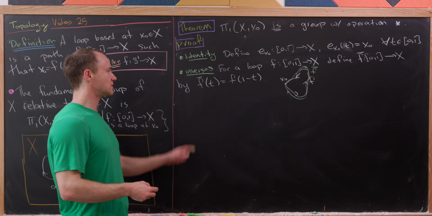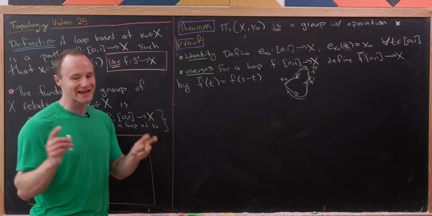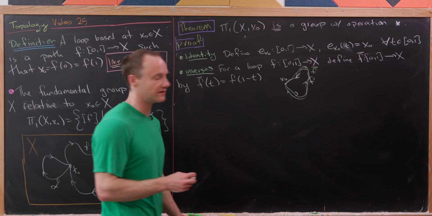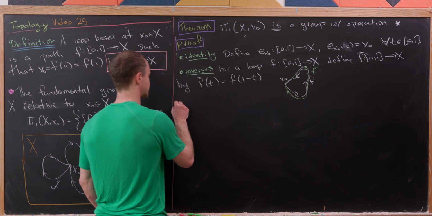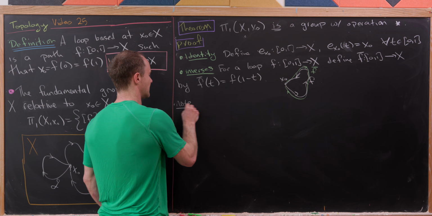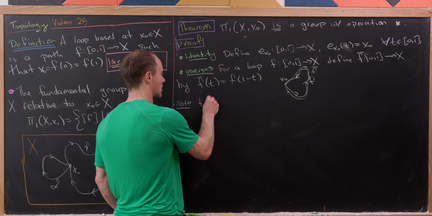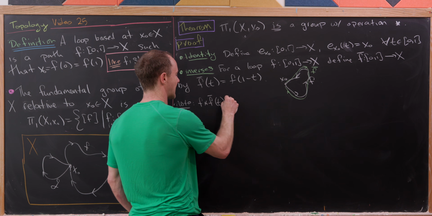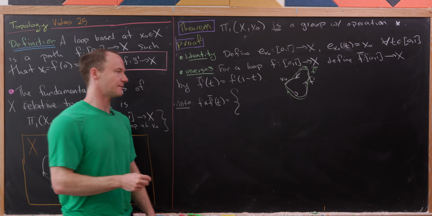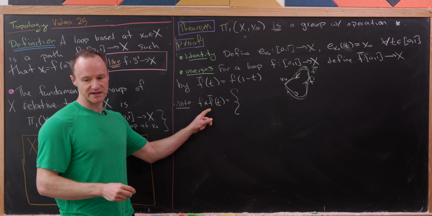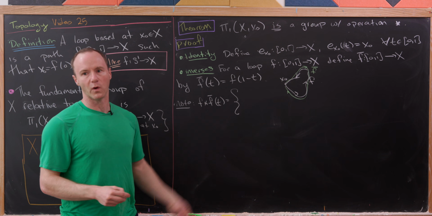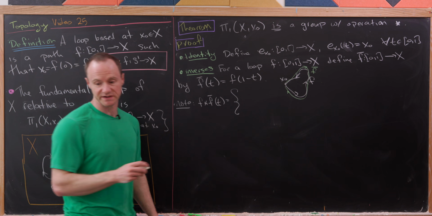Okay, so now let's compose these things and see what we get. I guess I should say take the product of these. And so let's note the following, and that is if we do f star f bar evaluated at t, here's what we get. And this is going to be after replacing f bar with what it is in the function, just for what it's worth.